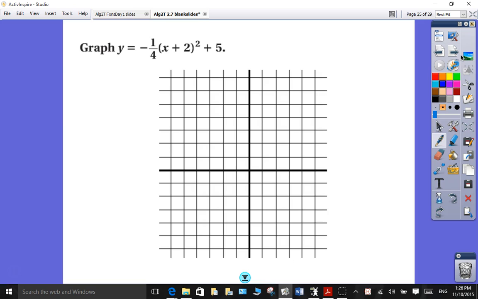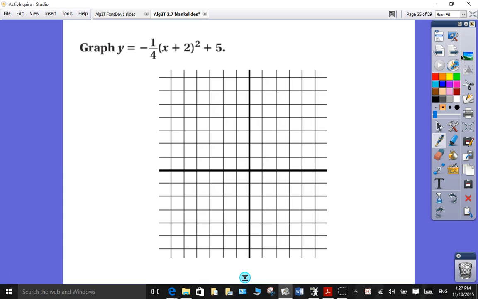Plus inside means +2 in, Kaylin? Left 2, the +5 means? Right, so it'll be left 2, up 5, right? So the vertex of this thing is going to be right there.